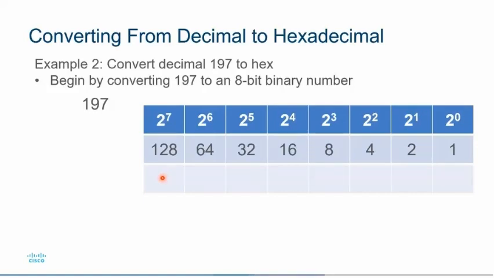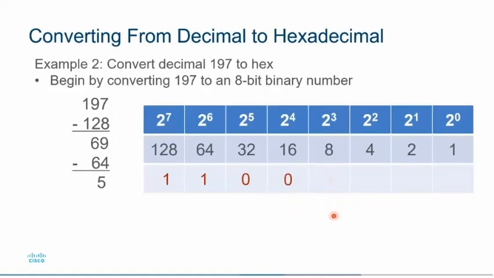So 128 fits, I'll put a 1 under it and subtract it, and that gives me 69. I can subtract 64 from 69, so I'll place a 1 under that and subtract it. That gives me 5. 32 is too big, so I'll place a 0 under that. 16 is also too big, so that gets a 0. 8 is also too big.